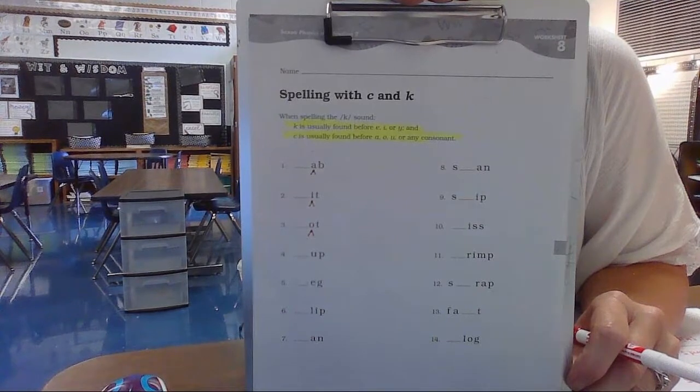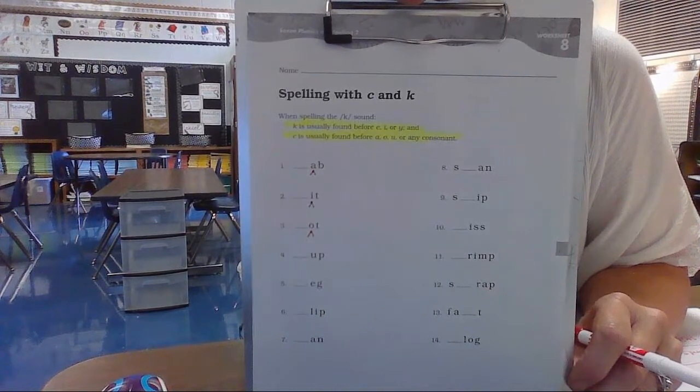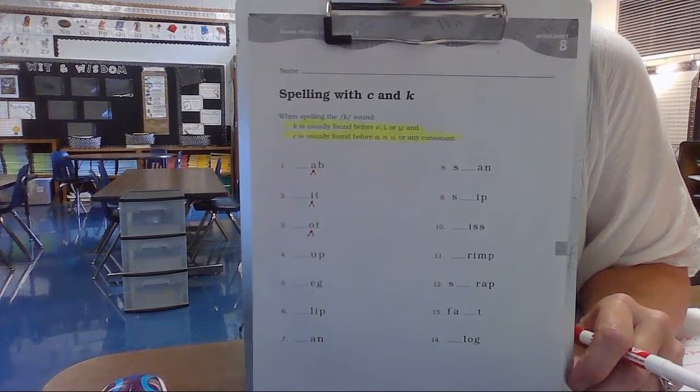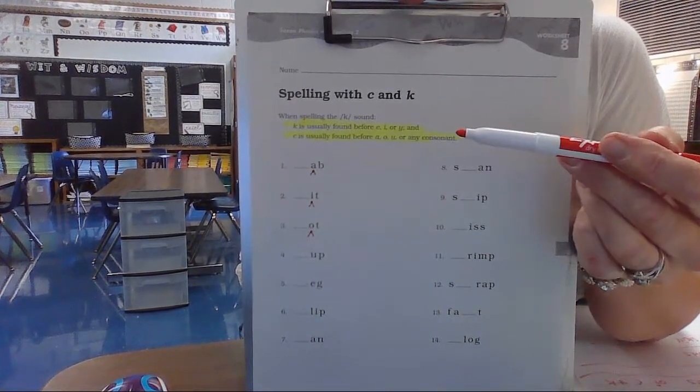I'm going to do just the top 3, and then I'm going to let you finish the rest on your own. I put a little arrow to point to the clues, and I also highlighted in yellow at the top of my paper, those are the clues. So you get to look back to help you.